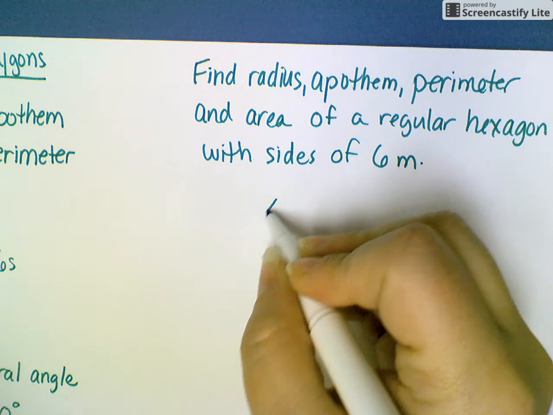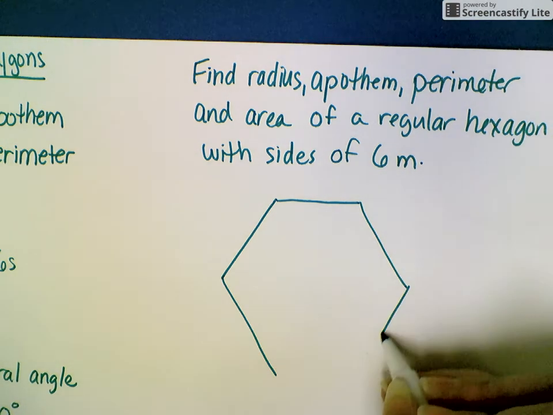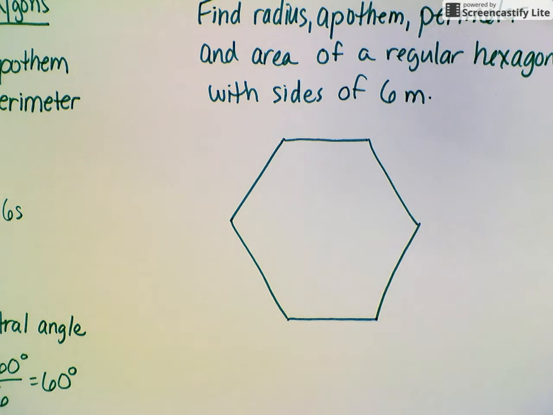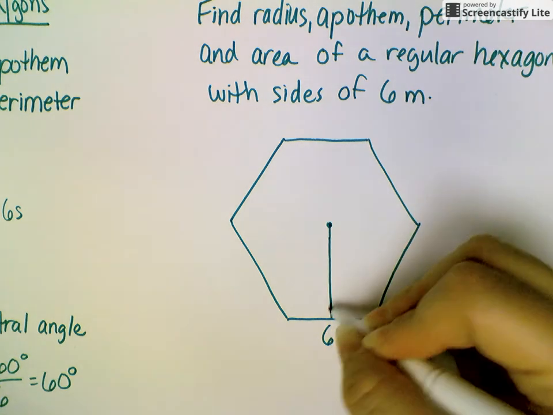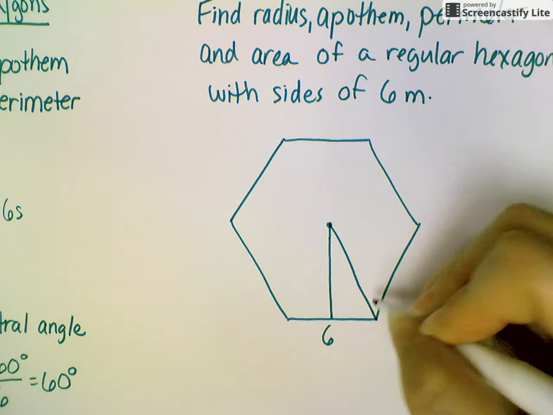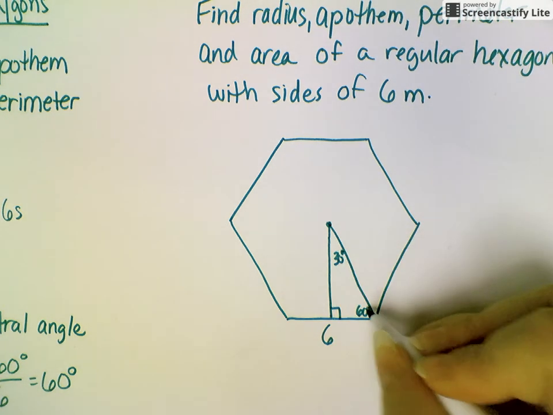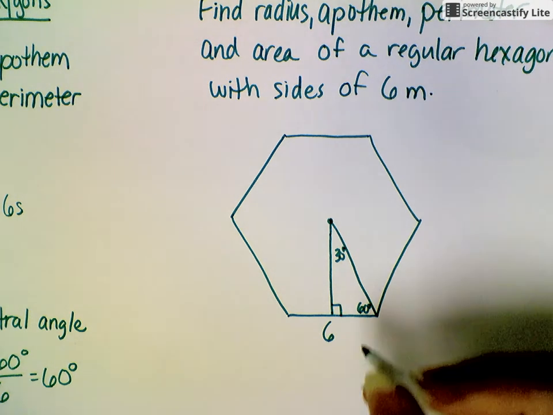Let me go ahead and draw a pretty large hexagon. We know the sides are 6. We're going to put in our apothem and a radius, and we just said that the apothem and the radius are going to make a 30, 60, 90 triangle.